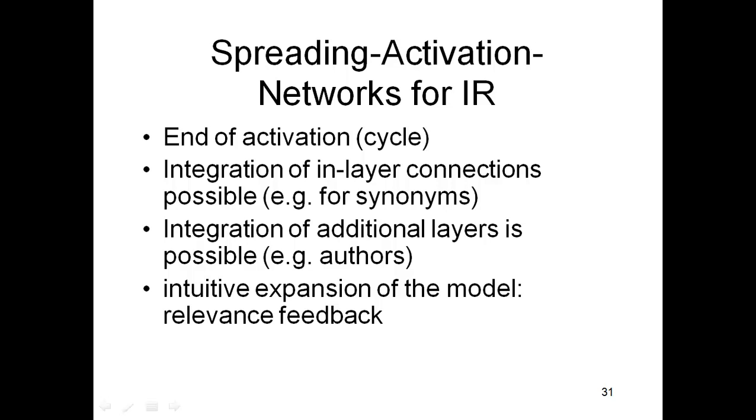And as I've said, there are several intuitive expansions of the model. We don't have to really learn what relevance feedback is. It happens in the network. We can have different query types, documents and terms, or even authors once we have these terms. So we have a quite flexible model that allows different ways to do retrieval.